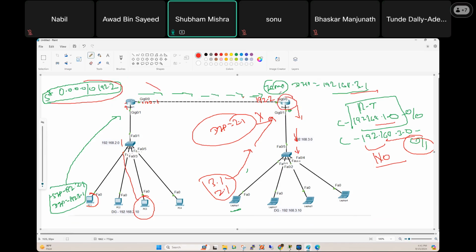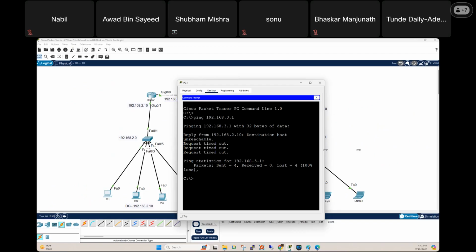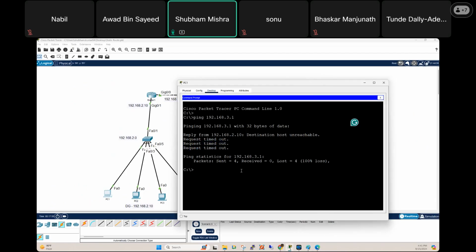That's the reason. So see now, when you look at the result, let me open the result. See, what is timed out? Let's suppose I am pinging 3.1 again. I'm not getting the reply: timed out, timed out, timed out. Why?